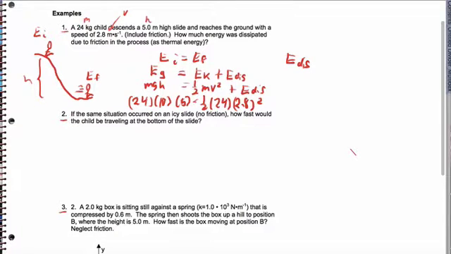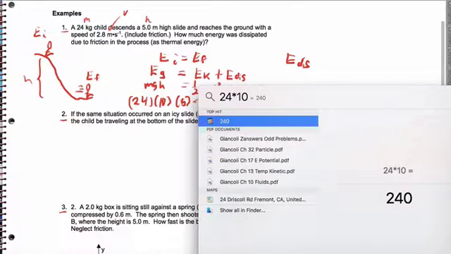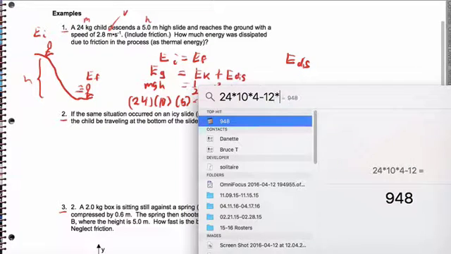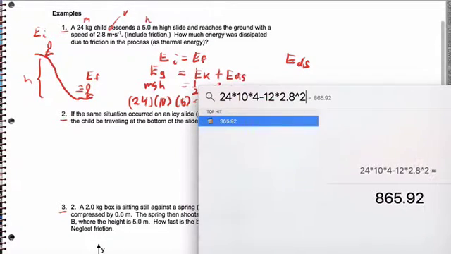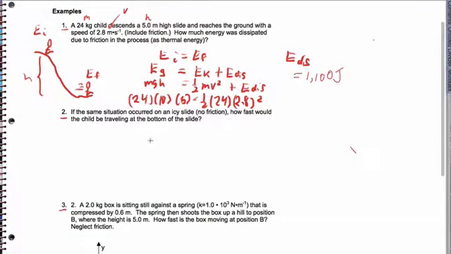When we go ahead and do that, we're just calculating it out here. 10 times 5, whoops. So the dissipated energy is going to be about 1100 joules.